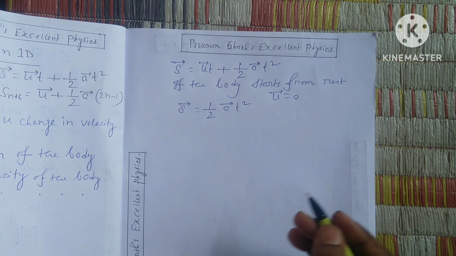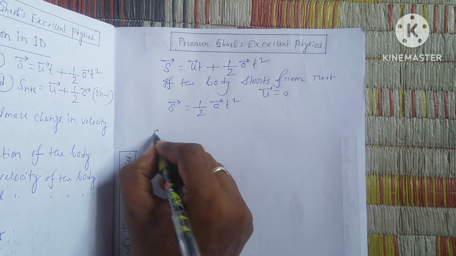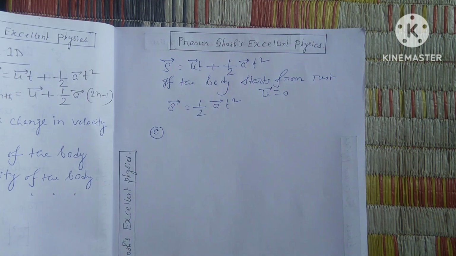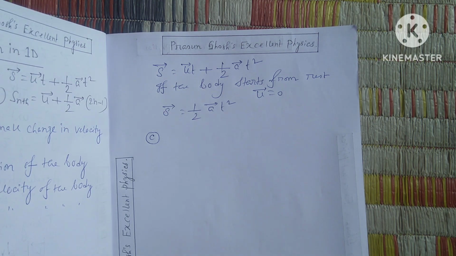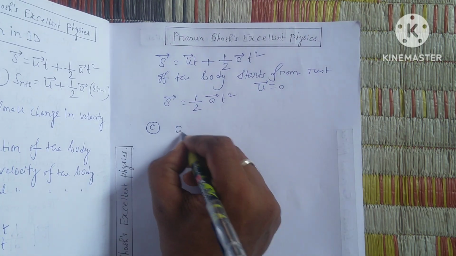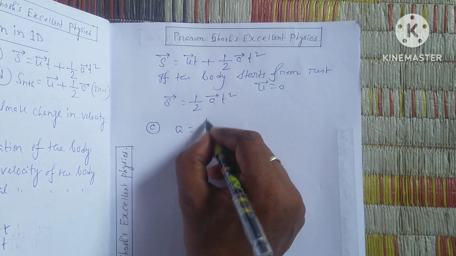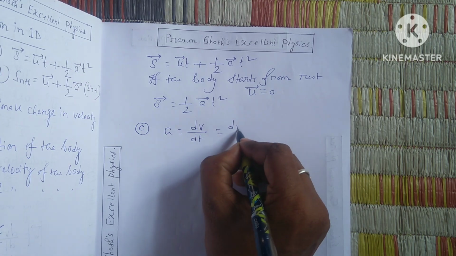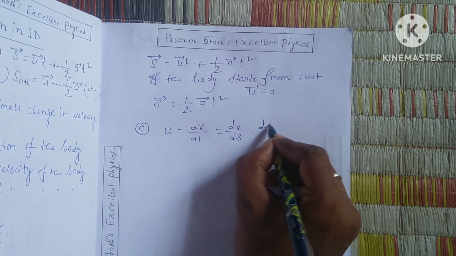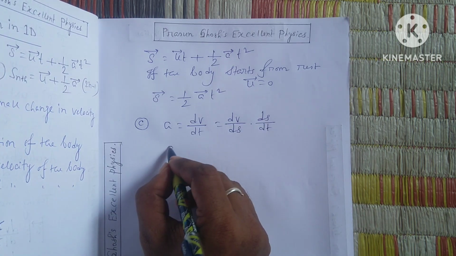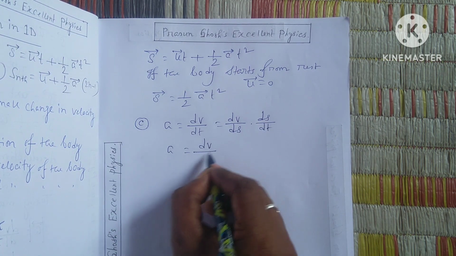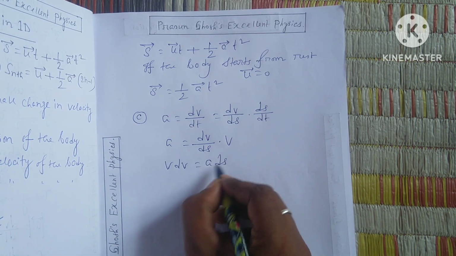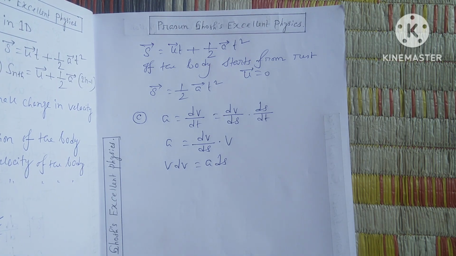Next we come to the next problem, that is C. We can write, without vector format, a equals dv by dt, which is dv by ds into ds by dt, so equal to dv by ds into v, so v dv equals a ds.